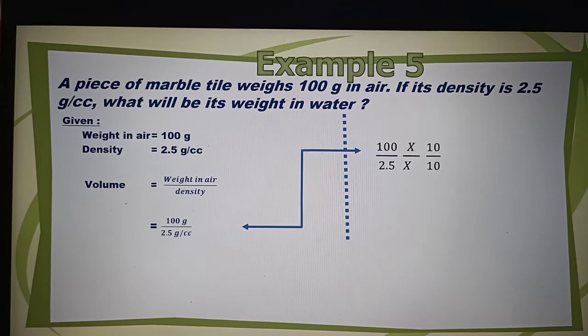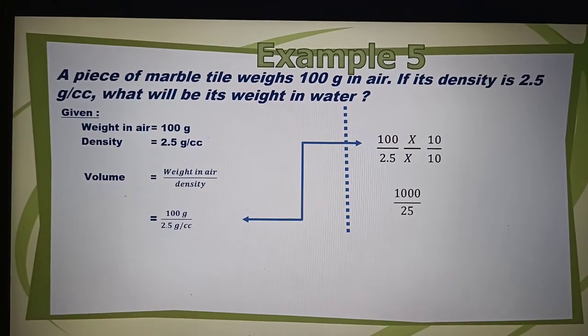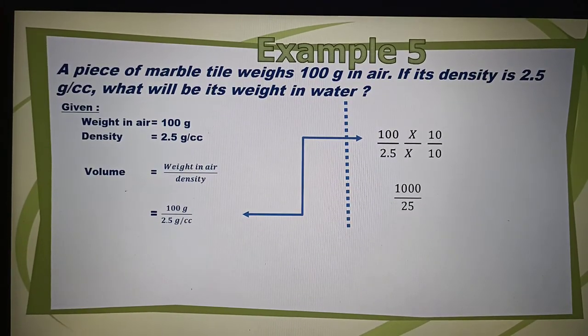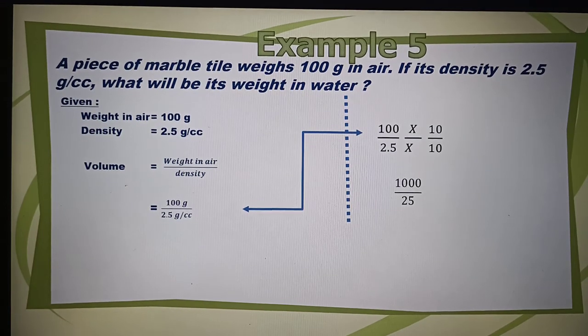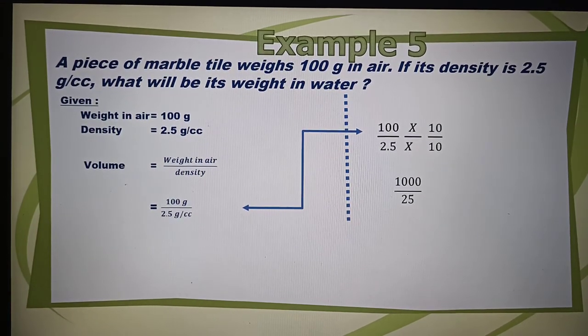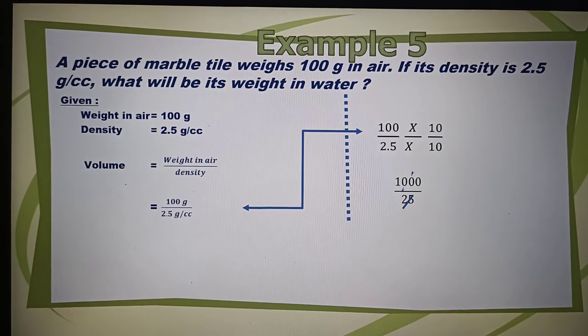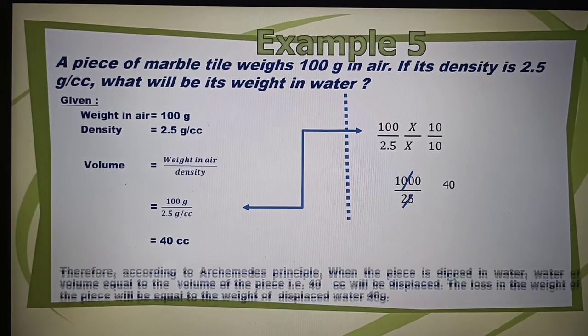So now 100 into 10, how much? 1000. 2.5 into 10, how much? 25. So look at this value, 1000 upon 25. These two numbers are common on 25 table. So how many times 25 in 1000? That is 40 times. So now the answer is 40 cc.